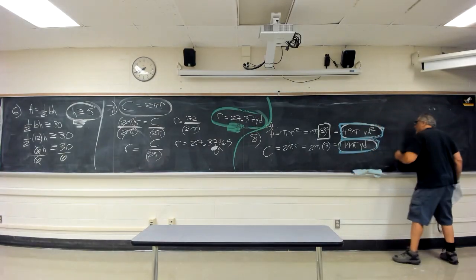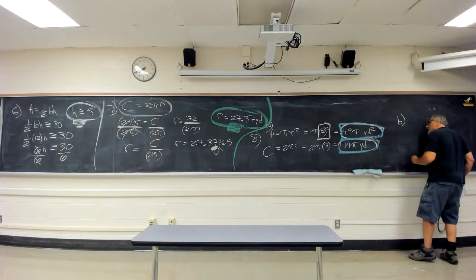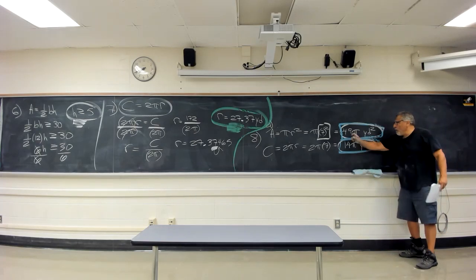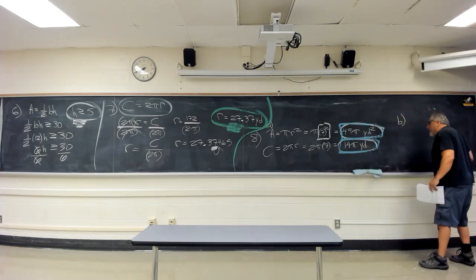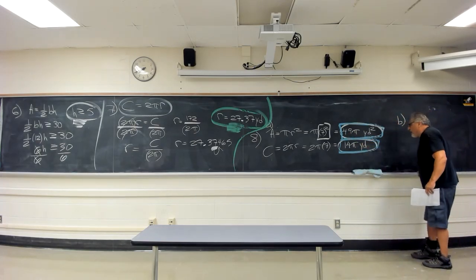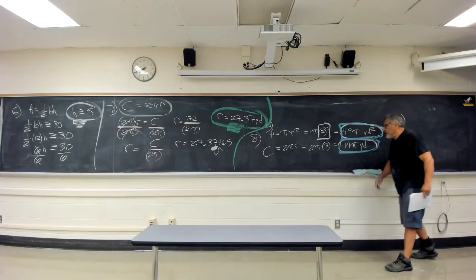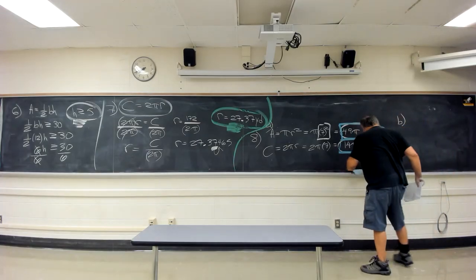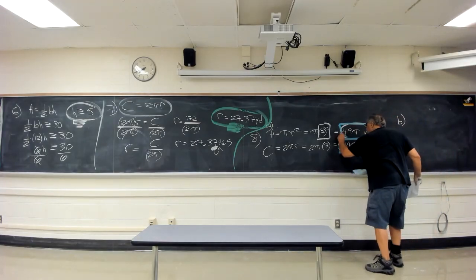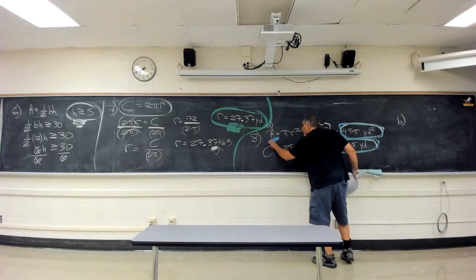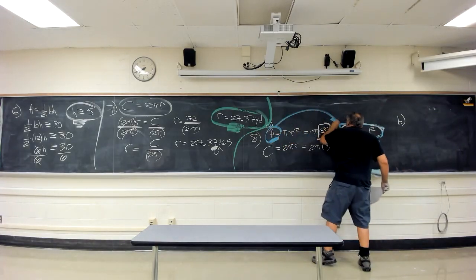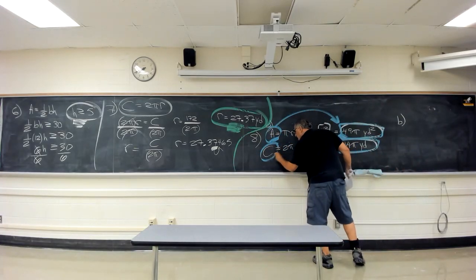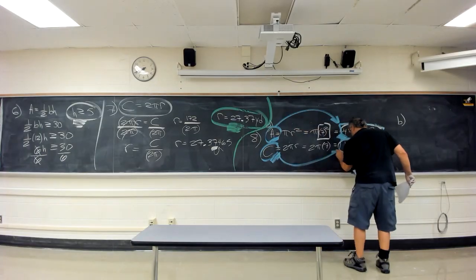That's A. For B, all you got to do is go 49 times pi and then round it to the nearest hundredth. Here, you got to go 14 times pi and round it to the nearest hundredth. Again, this is the area that we're dealing with, and this is the circumference.